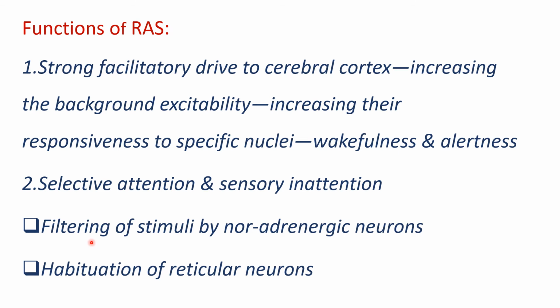It occurs because of the filtering of stimuli by the noradrenergic neurons of the reticular core through the centrifugal sensory pathways. All those pathways. So filtering occurs by these noradrenergic neurons of the central core.